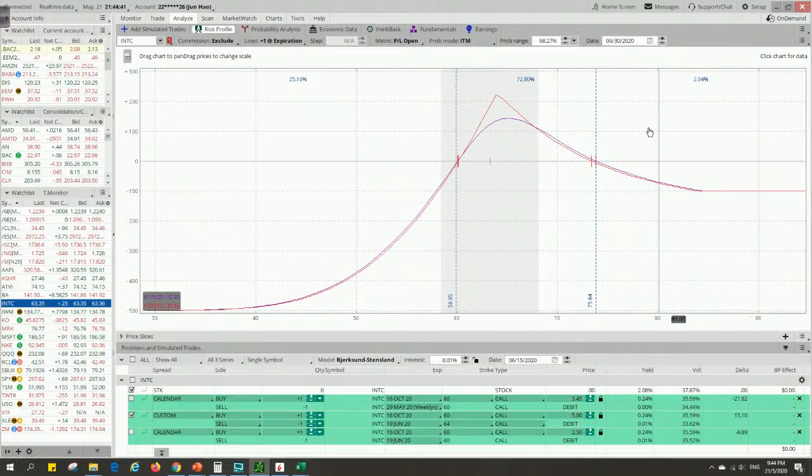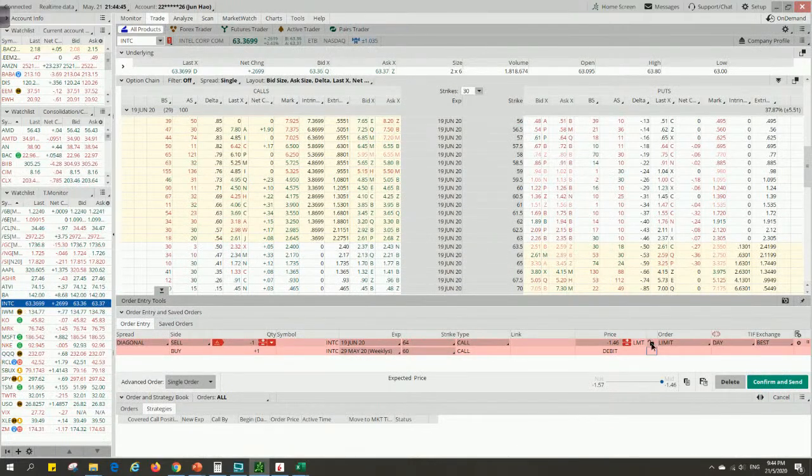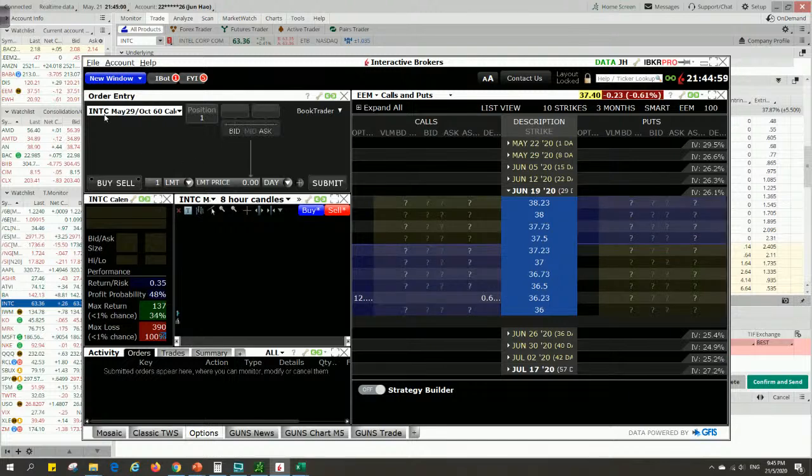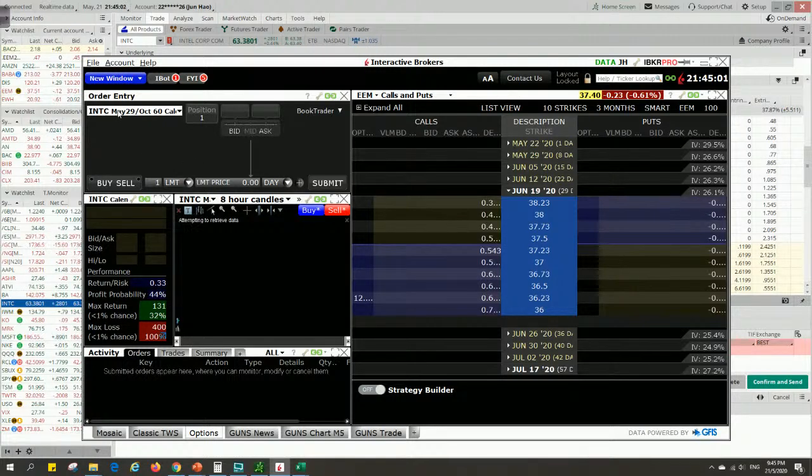Okay, so let us then enter the trade. It's currently 151. So I enter my trades on the Interactive Brokers platform, and I would like to go over to my options tab and then key in. No, sorry.